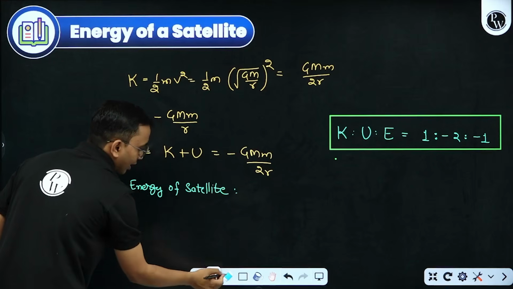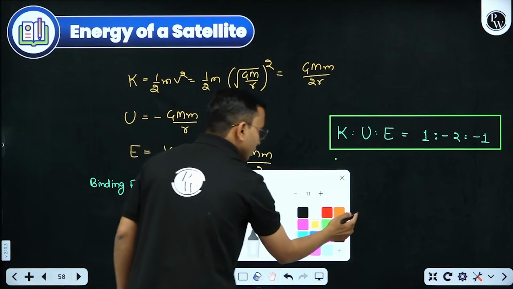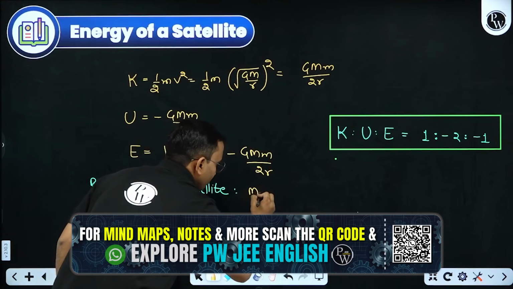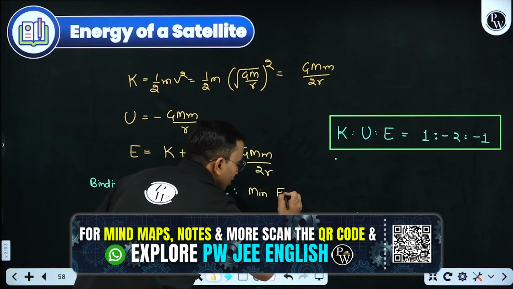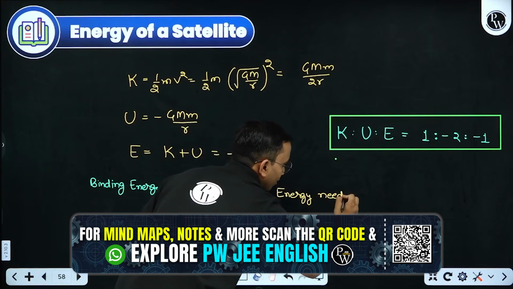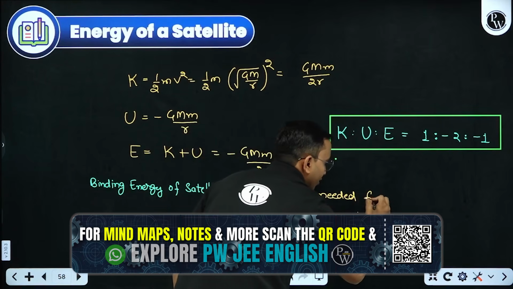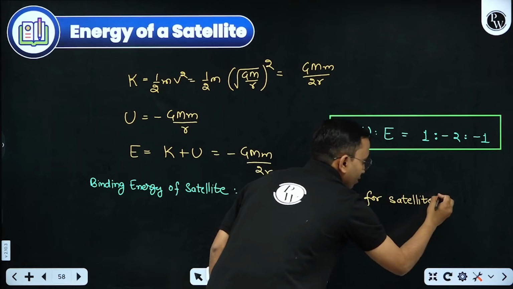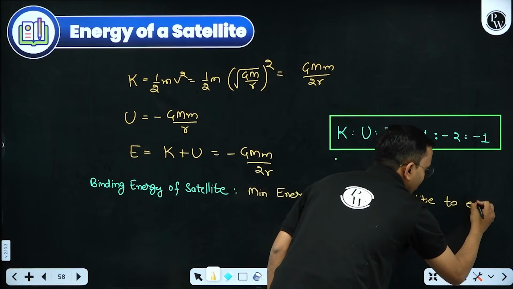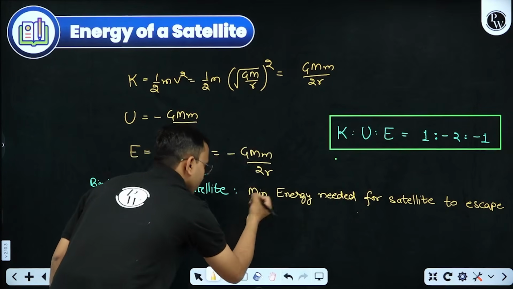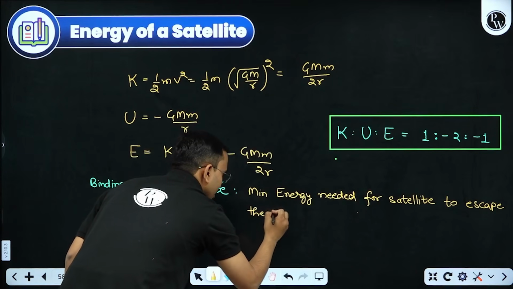Binding energy of satellite: the minimum energy to be given to the satellite for it to escape. So the minimum energy needed for the satellite to escape the gravitational pull, escape the planet.